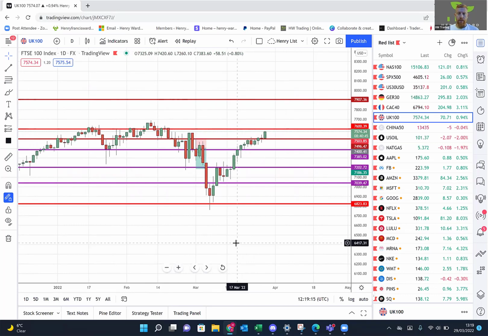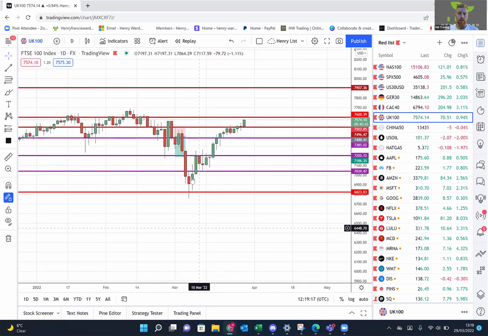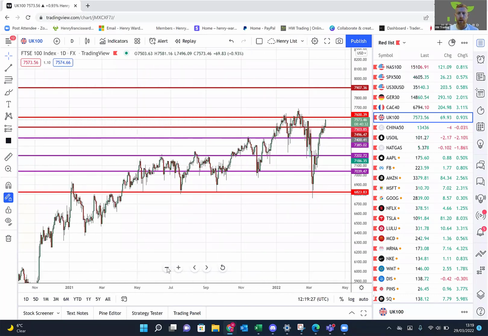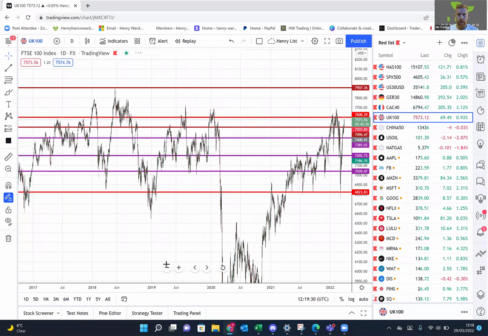UK 100, well, we have it here. We'll have a look. Again, very similar to the US stocks. We're almost at a record high here. I would expect some sort of rejection. Sorry, we're not almost at a record high, there's the record high.